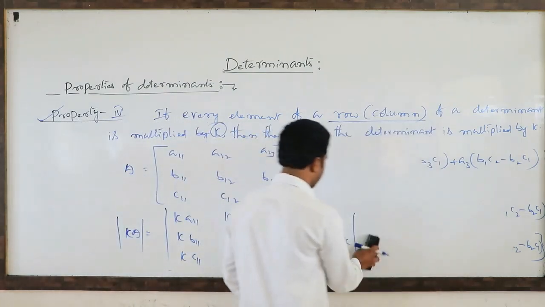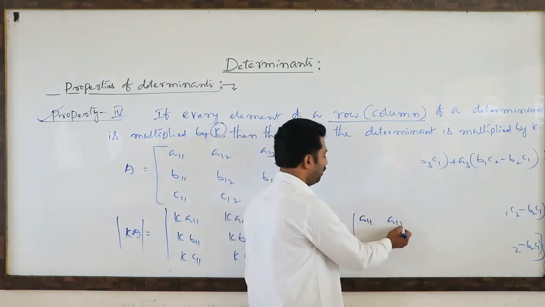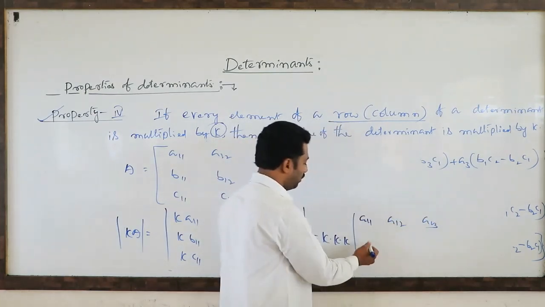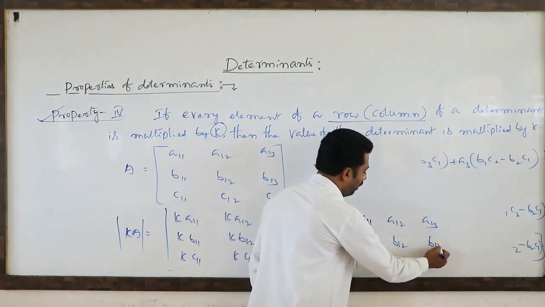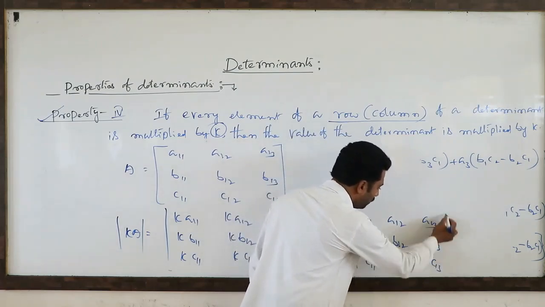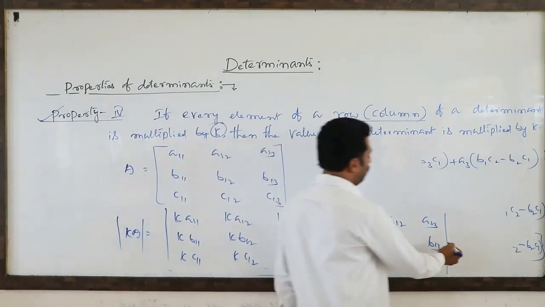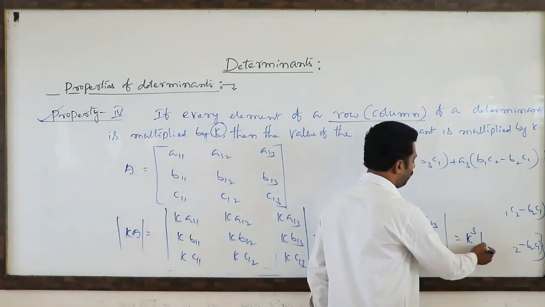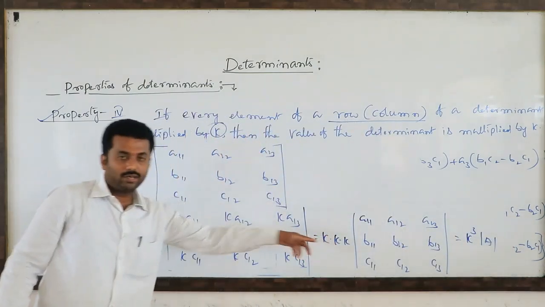This is A11, A12, A13, B11, B12, B13, C11, C12, C13. Again what we got? K into K into K means K cube into determinant of A. Again we got determinant of A only.